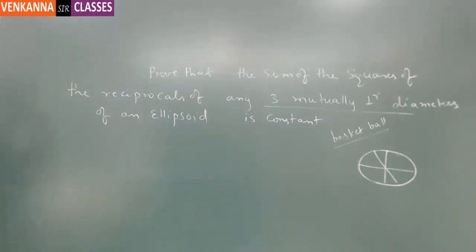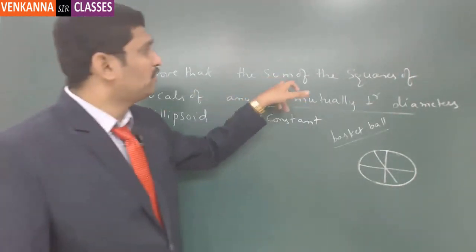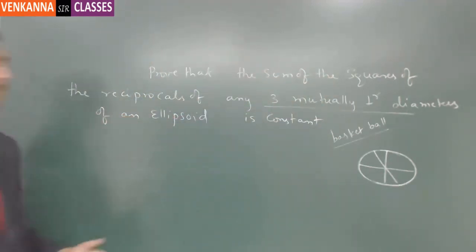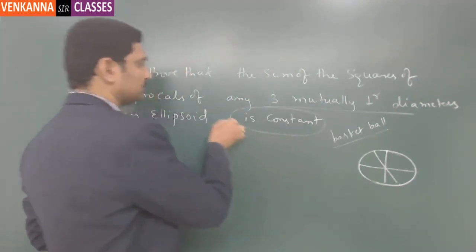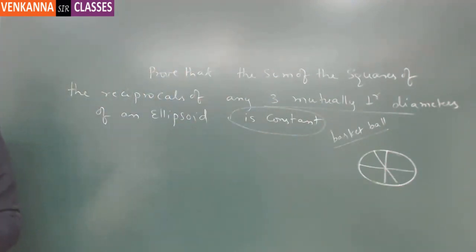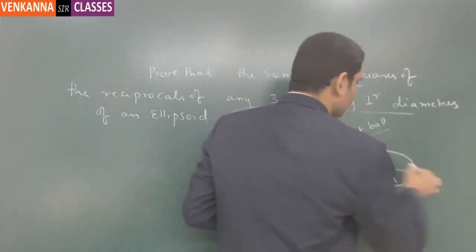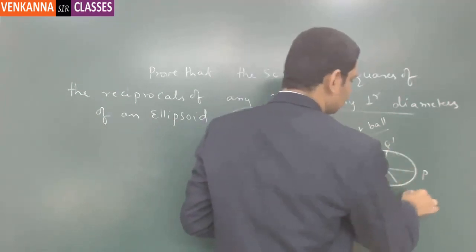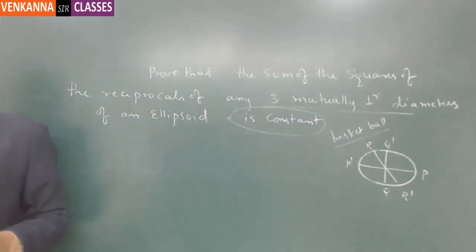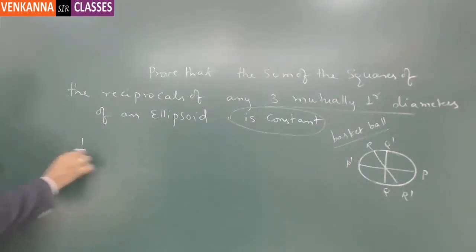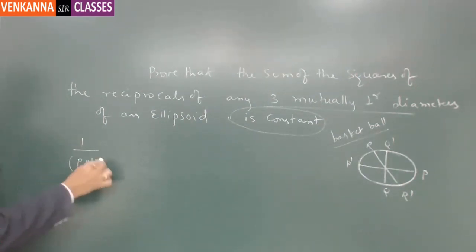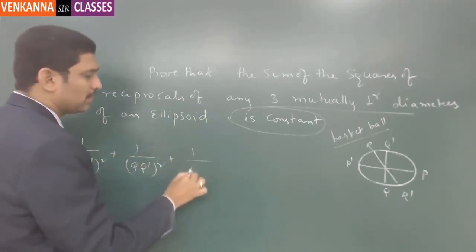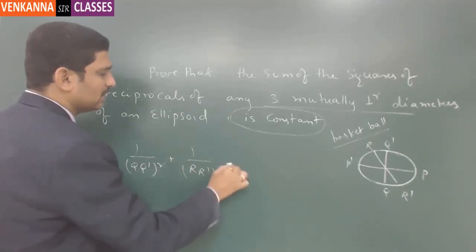And what the question is saying, the sum of the squares of the reciprocals, if you consider, it is nothing but a number. It is a constant. In other words, if you give some names, P, P dash, Q, Q dash, R, R dash, as the diameters, you have to prove that 1 by PP dash whole square plus 1 by QQ dash whole square plus 1 by RR dash whole square is equal to a constant.